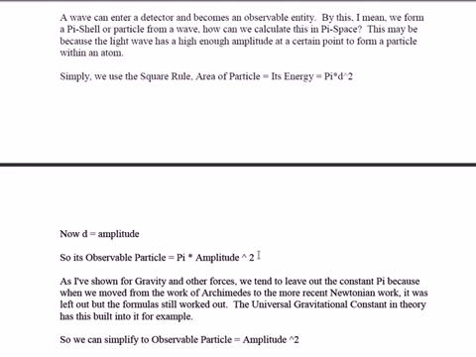An observable particle in pi space is defined by pi times d squared, okay? D being the diameter. Now, if you map the amplitude to the potential diameter, what you get is a very simple formula, which is pi times the amplitude squared, right?